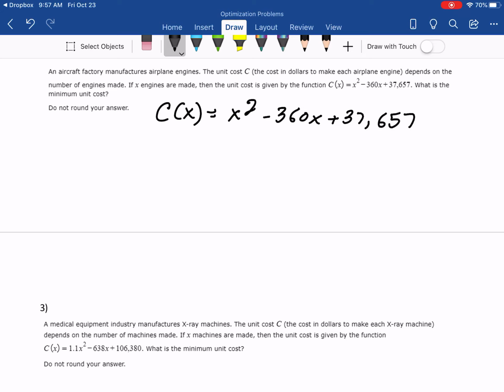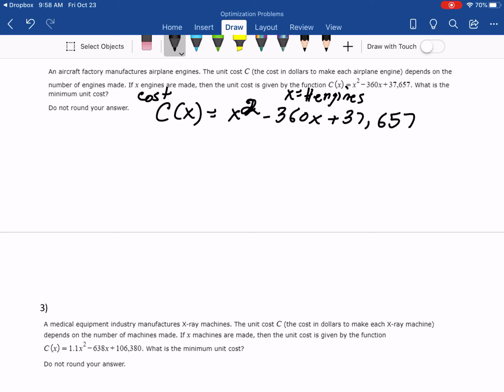C is cost, and x is the number of engines made for the airplanes. So we want to know what is the minimum unit cost. This function tells us the cost when we make x number of engines.